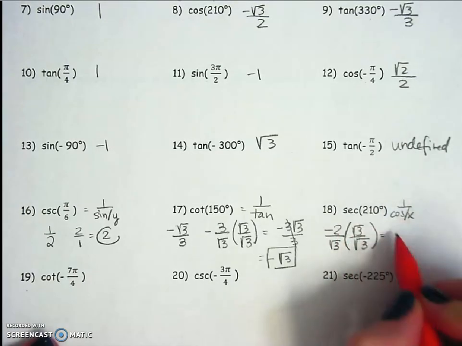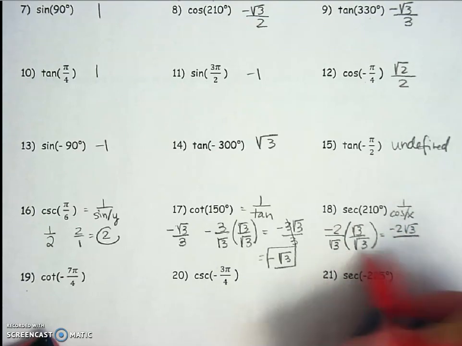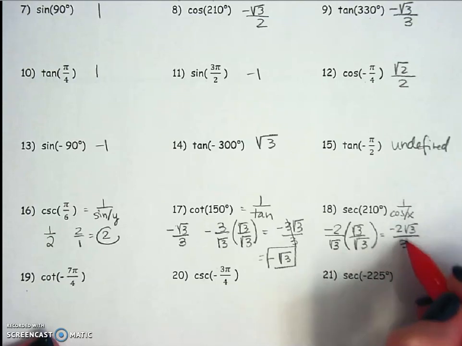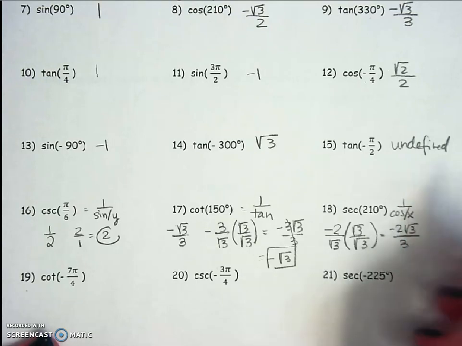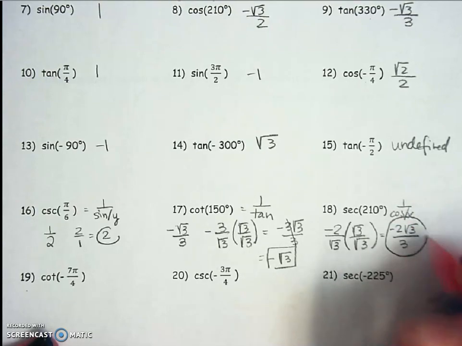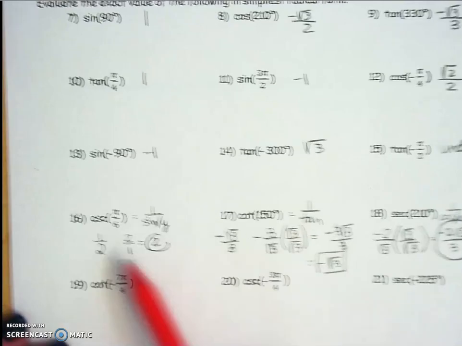Multiplying across the top gives me -2 rad 3, and multiplying across the bottom gives me 3. Always, if you can, these numbers outside the radical, the 2 and the 3, if you can simplify that fraction, do. We can't here.